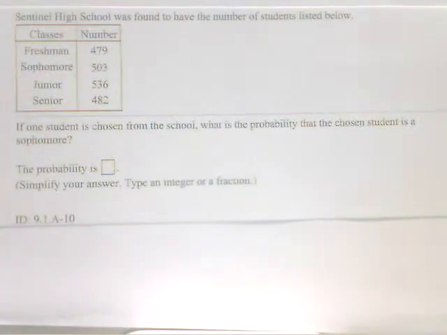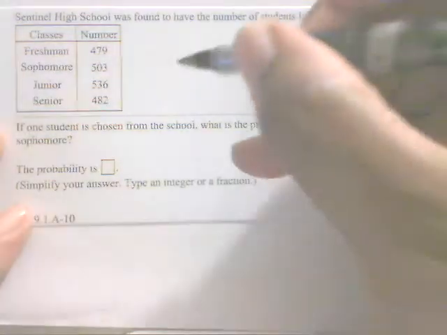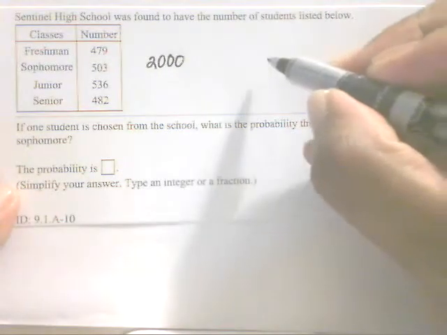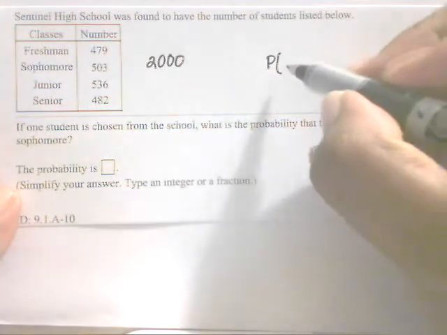Now, we need to take the sum of all of the students in that particular high school. So if you add 479 students to 503 students to 536 students and 482 students, you're going to get 2,000. So there's a total of 2,000 students in that particular high school. Now, we want the probability that the chosen individual is a sophomore.